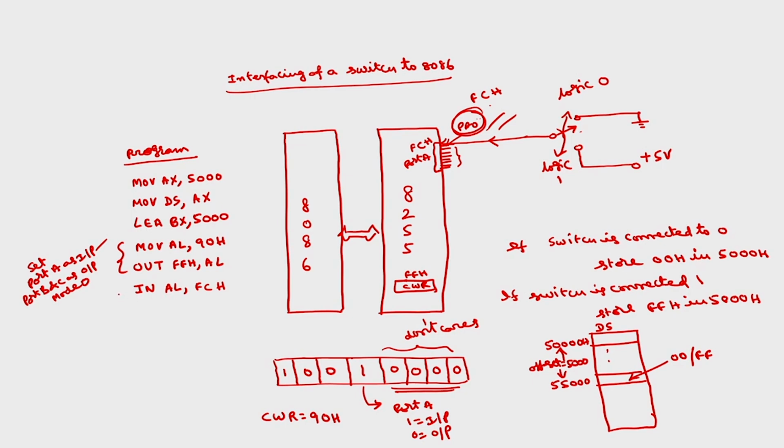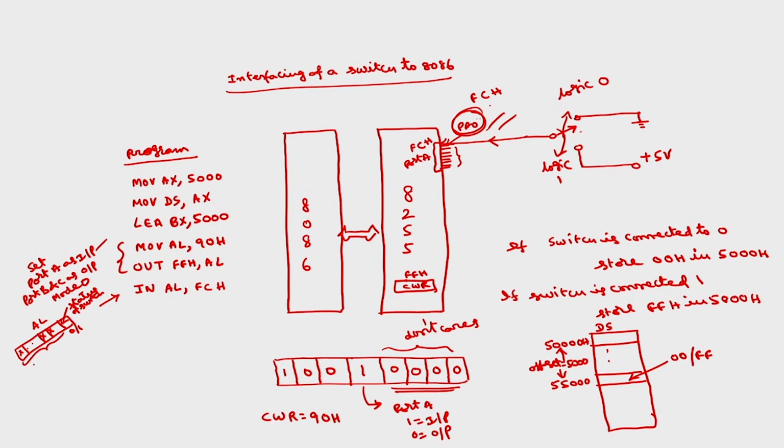So, the status of the switch will be present in the last bit of AL. If this is 0, the switch is connected to 0; if this is 1, the switch is connected to 1. The remaining 7 bits are don't cares.